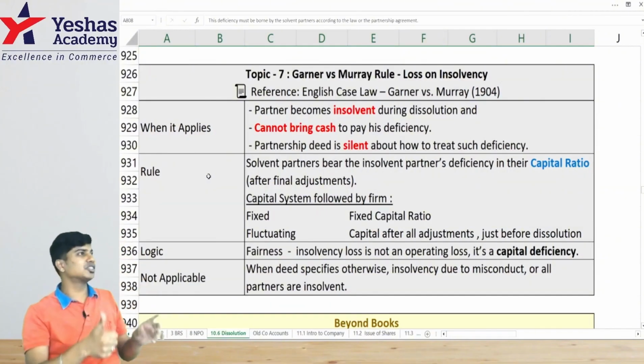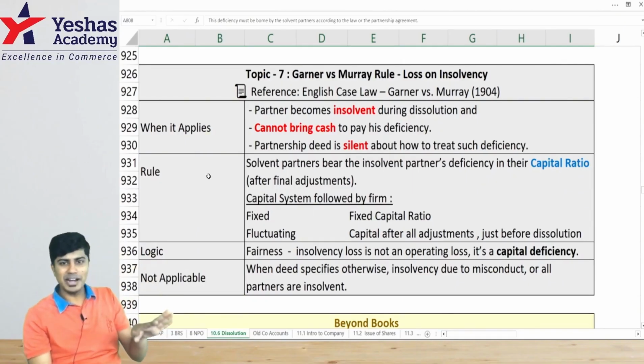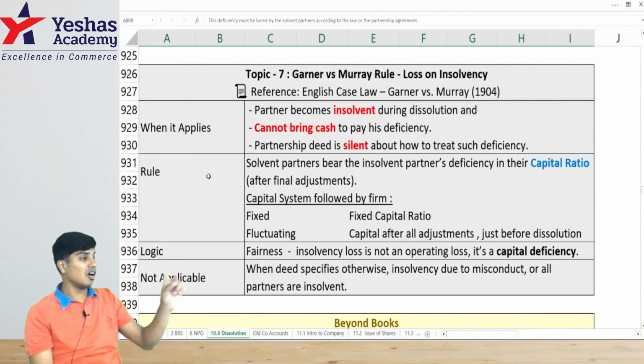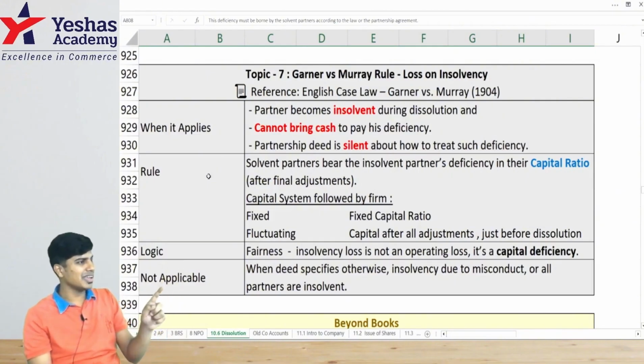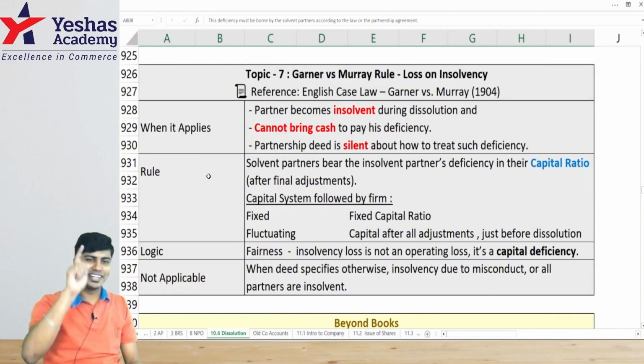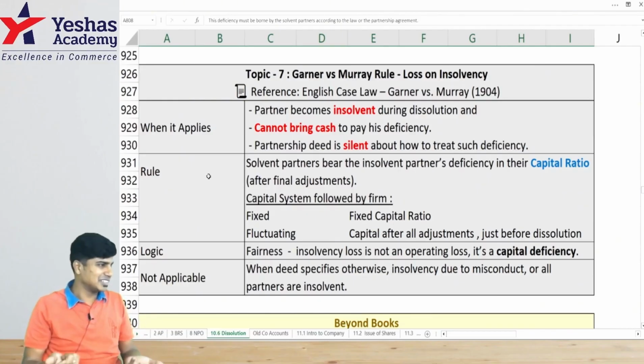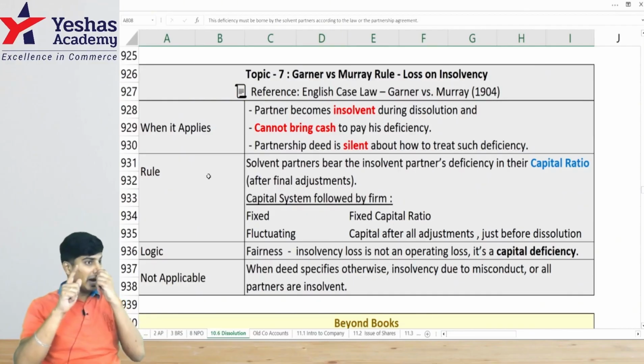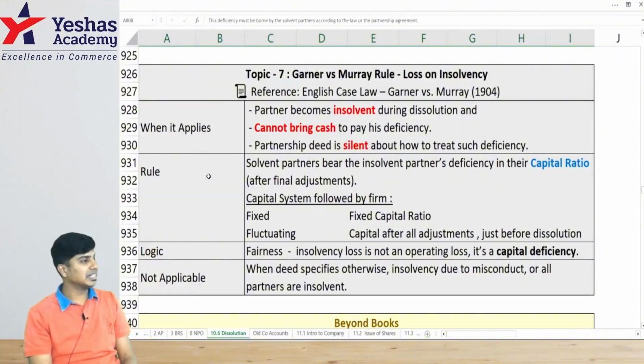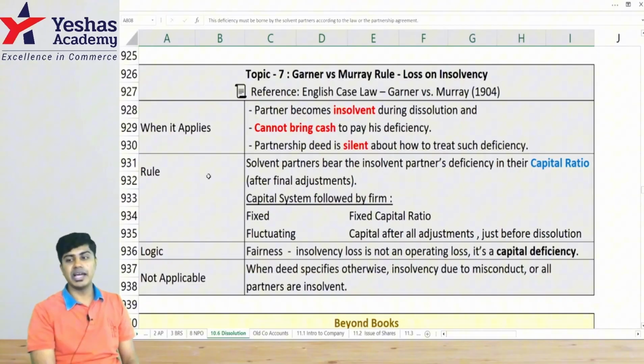And only one partner should be insolvent, or not all the partners should be insolvent. One of the partners should be insolvent, or two also, but not all the partners. And the next important condition is that he cannot bring cash to fulfill his deficiency, and the partnership deed is silent. Only then will we apply Garner versus Murray.